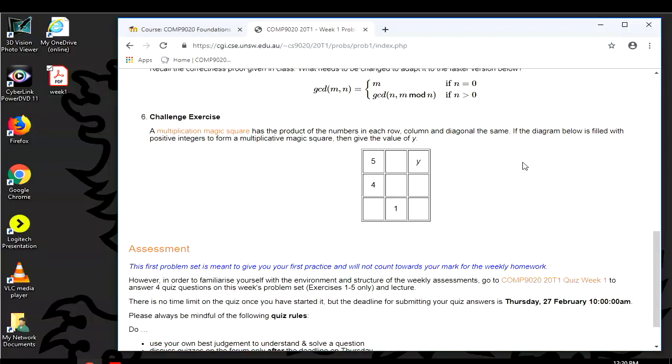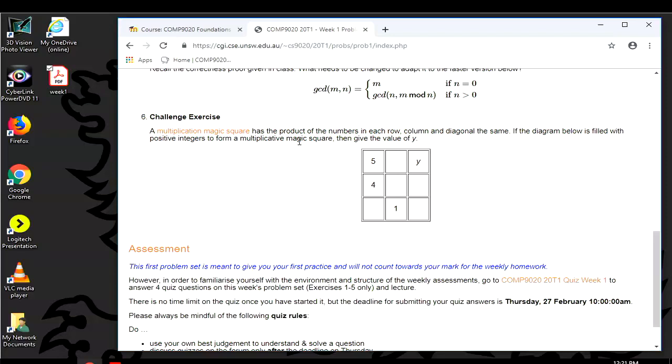Now, the challenge exercise is for everyone who finds the first 5 regular exercises a bit too simple, partly maybe because you're already familiar from your previous studies or even from high school with some of these topics. Then I will always challenge you with this challenge exercise, which is always related to the topic of that week and which, at least I hope, is much more difficult than the regular exercises.